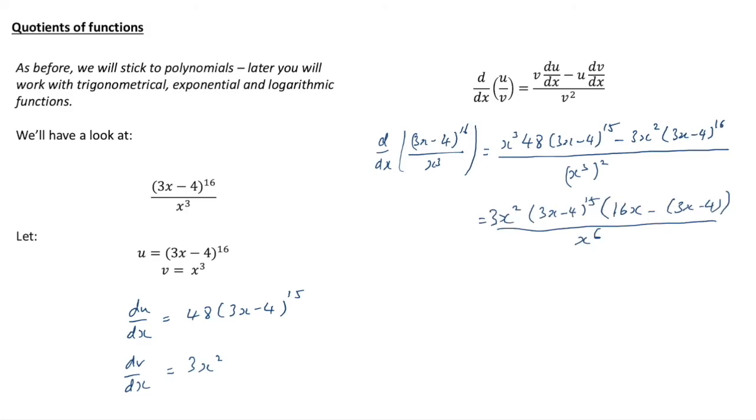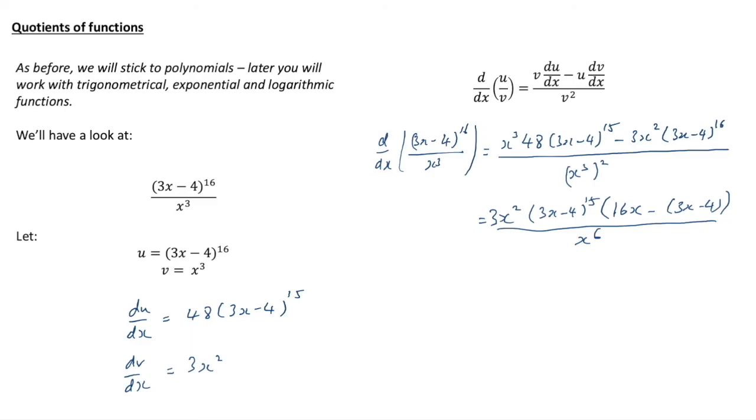So we take out common factors, and we can see this time, because we already did this, there's a factor of 3 in both of them, there's a factor of x squared in both bits, and there's a factor of (3x minus 4) to the 15 in both bits.